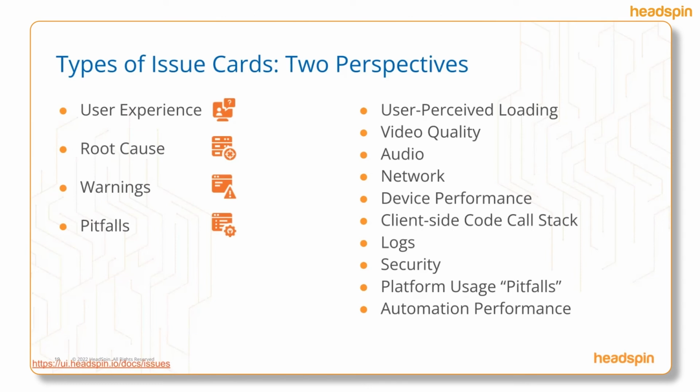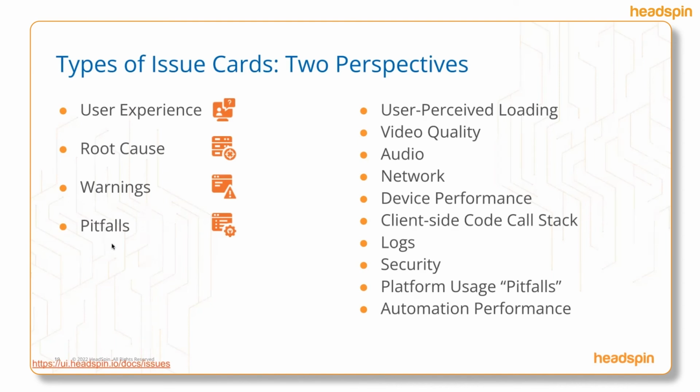For example, if they're making just plain HTTP requests, they're not securing their connections, then that's potentially a security concern and something that the developer may want to know about early in the development process. And so we'll go ahead and surface those issues for the developer.